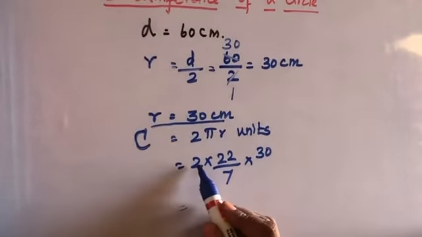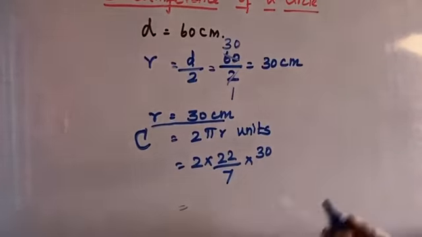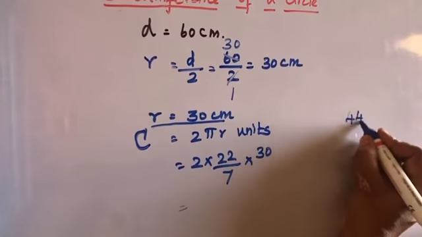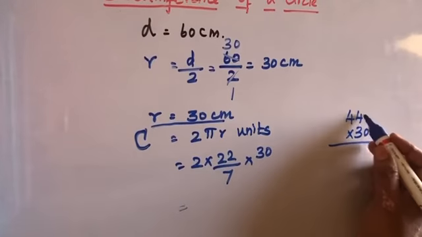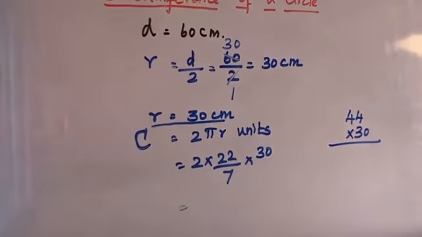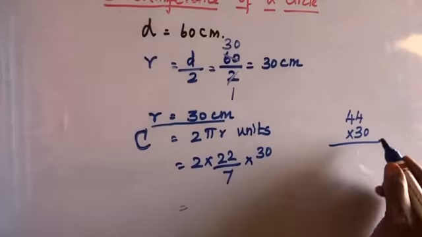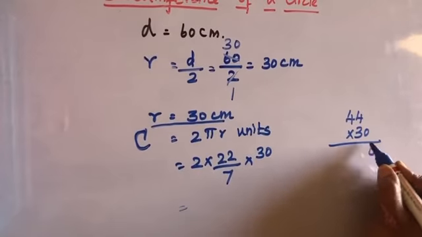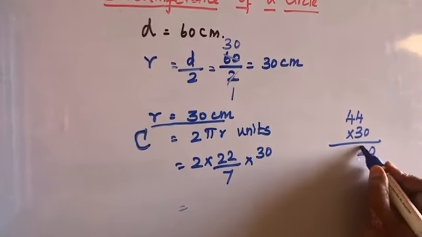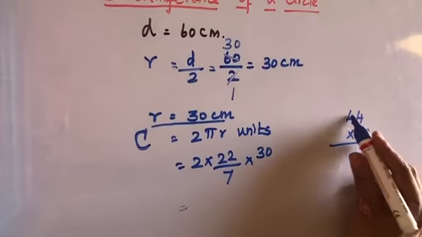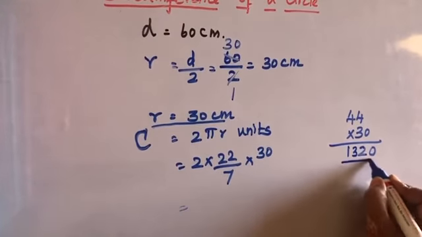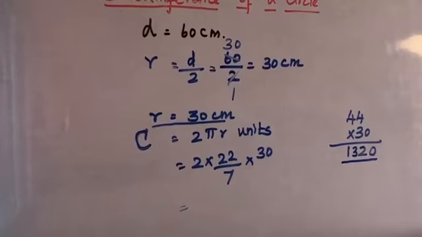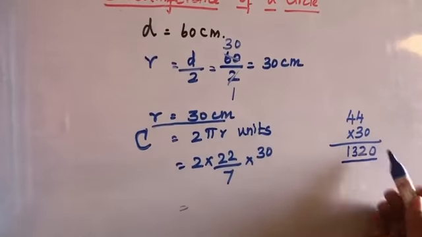While multiplying the numerator, 2 into 22 is 44. So 44 into 30. You can multiply it with 3 and then add 1 zero at the end. So 4 3s are 12, 2, remaining 1. Again 4 3s are 12 plus 1. So 1320 you get while multiplying 44 and 30.